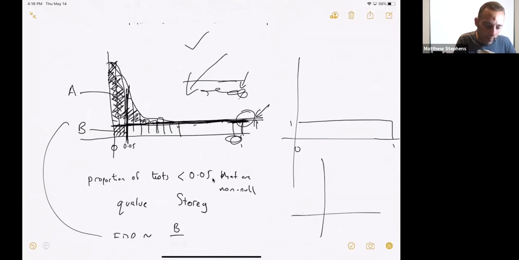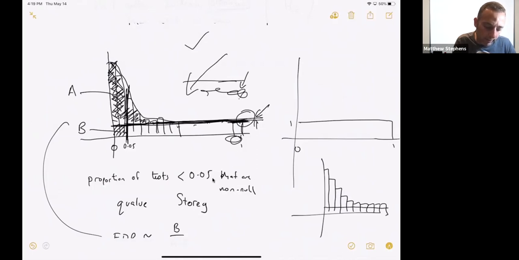But typically what you'll find is that the decomposition is a little different. What typically happens is it ends up drawing this line lower than Q value does.